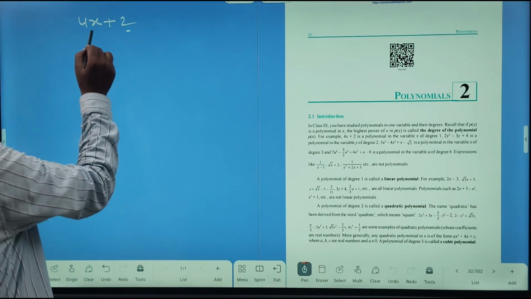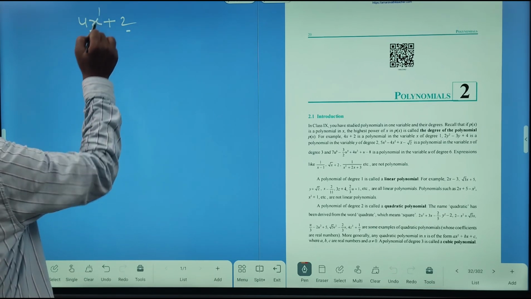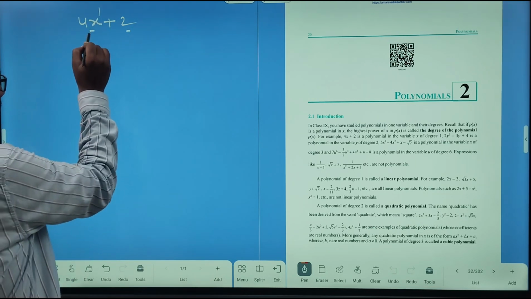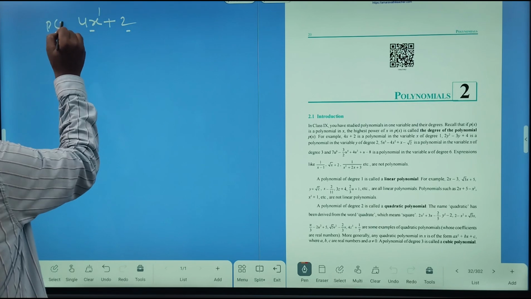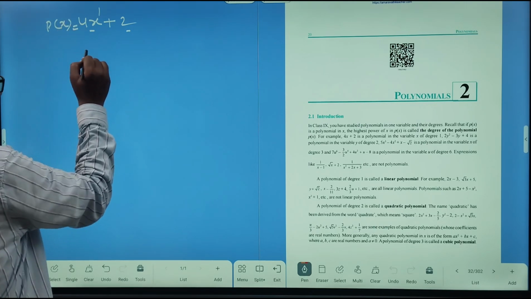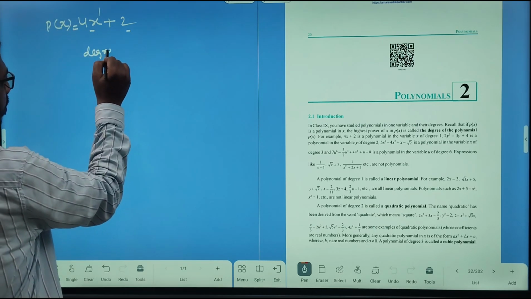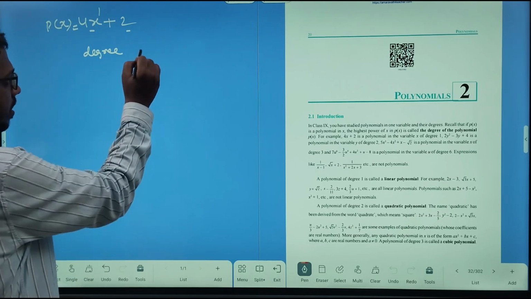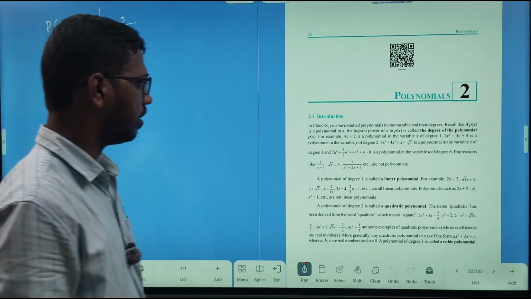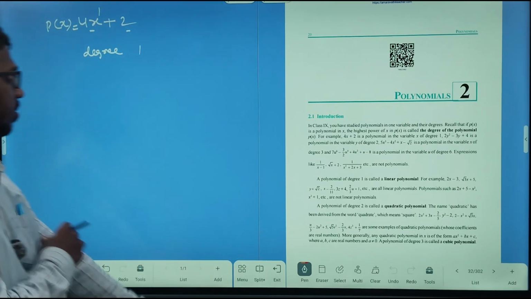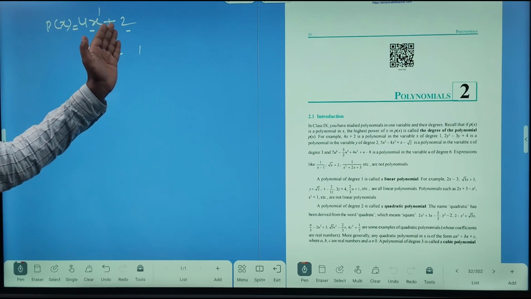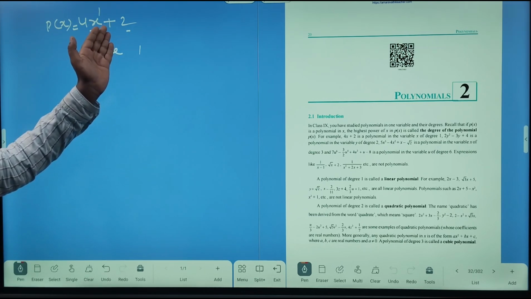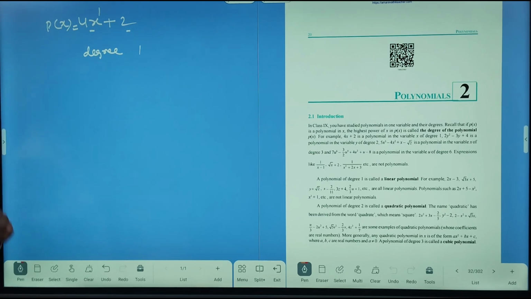Here there is no x, here there is x, but highest power is 1 only. So this is the degree of this polynomial. Suppose it is some p of x, the degree of this polynomial is 1. The highest power of x is 1, so that is why the degree is 1. This is a polynomial of degree 1 in the variable x.